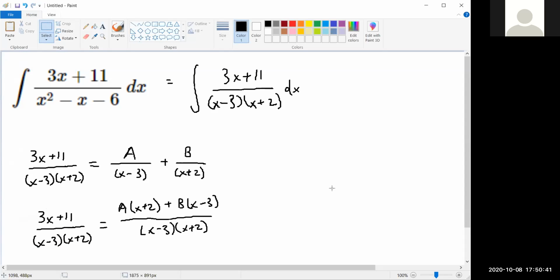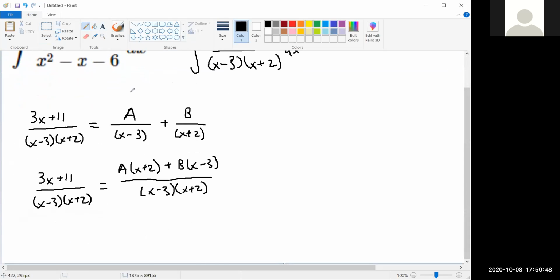So this is what we have so far. Feel free to stop me if you need any more clarification on any previous steps. Here we have two fractions and they're both equal to each other. Their denominators are the same, right? So if their denominators are the same, then their numerators also have to be the same. So we can conclude that 3x plus 11 is equal to the other numerator.